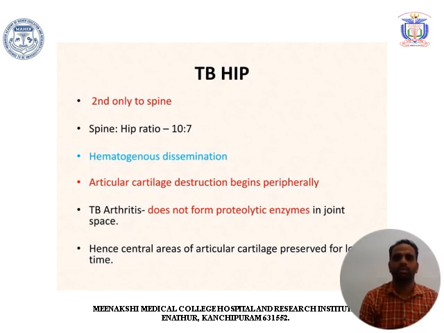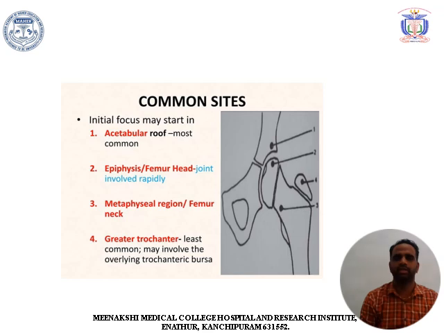TB hip is secondary only to spine. There is no proteolytic enzyme, only a granulation process. Common sites in order: acetabular roof, epiphyses or femoral head, metaphyseal region or femoral neck, followed by greater trochanter, involving the trochanteric fossa.